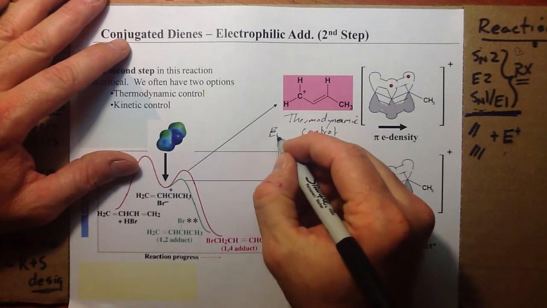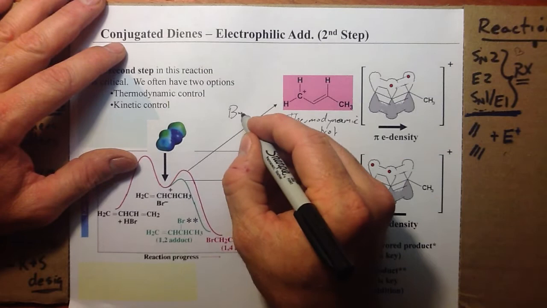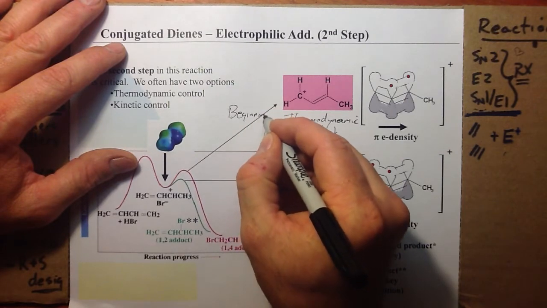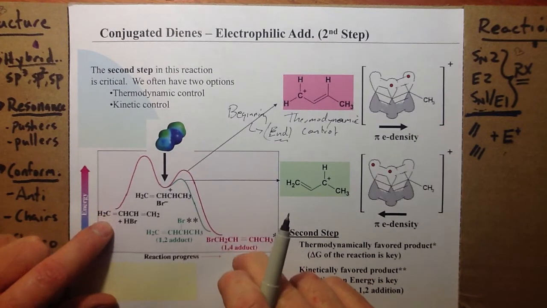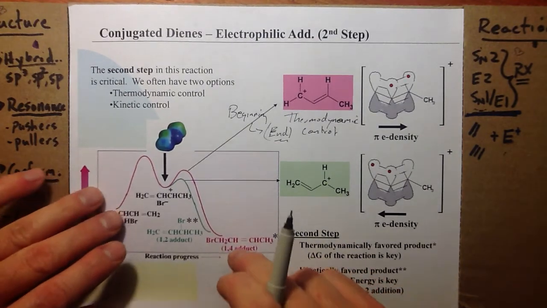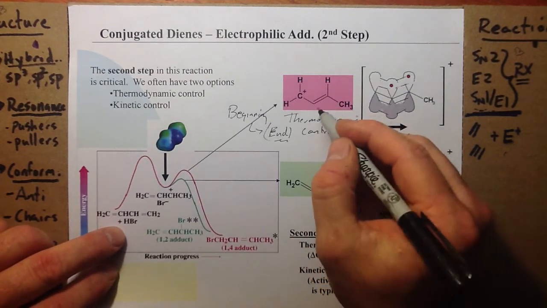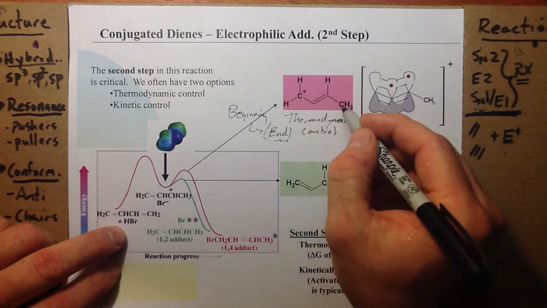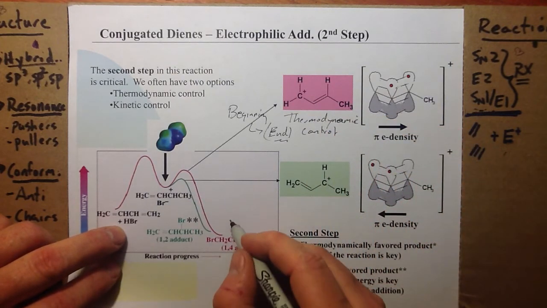The thermodynamic control of a reaction, any reaction, you're just considering the beginning to the end. What is the difference in energy of the beginning to the end? How can I get to the lowest energy end? The lowest energy end is to have this double bond such that it has 2 carbons off of it when we end. So we get to our final product.